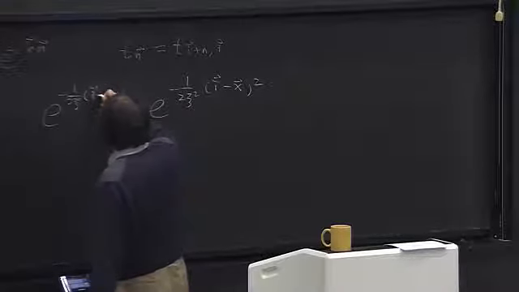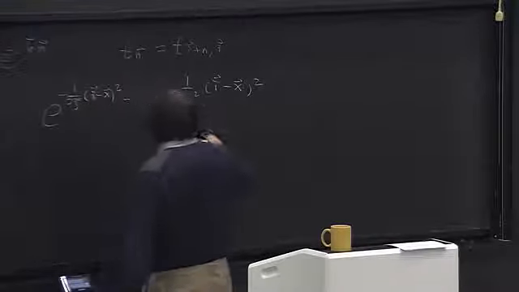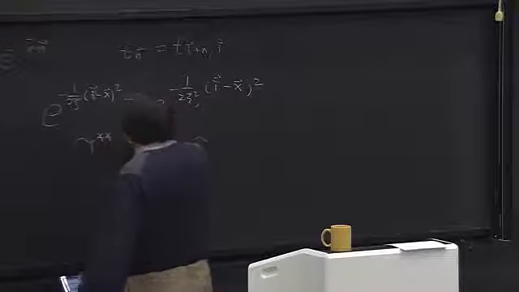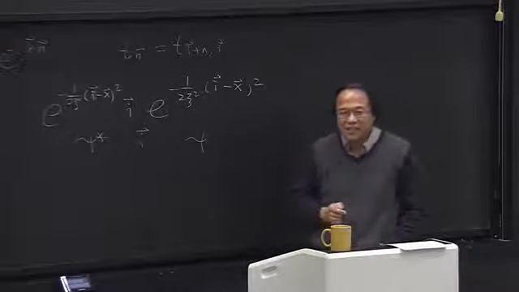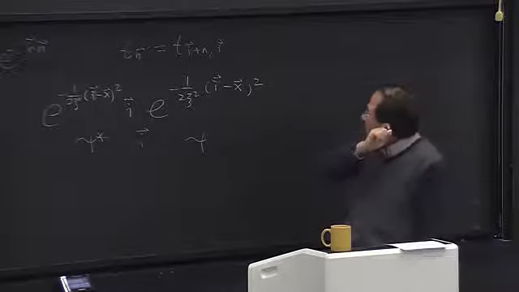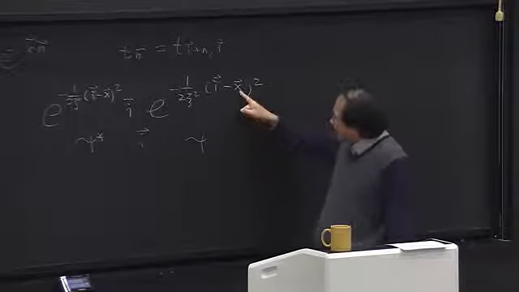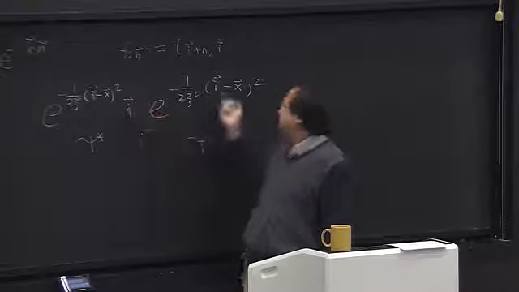Sorry, I minus x squared. So this is like a psi, this is like a psi star, and you have something in between, I. Take its average. This wave packet is centered at x, so the average of I just gives you x.